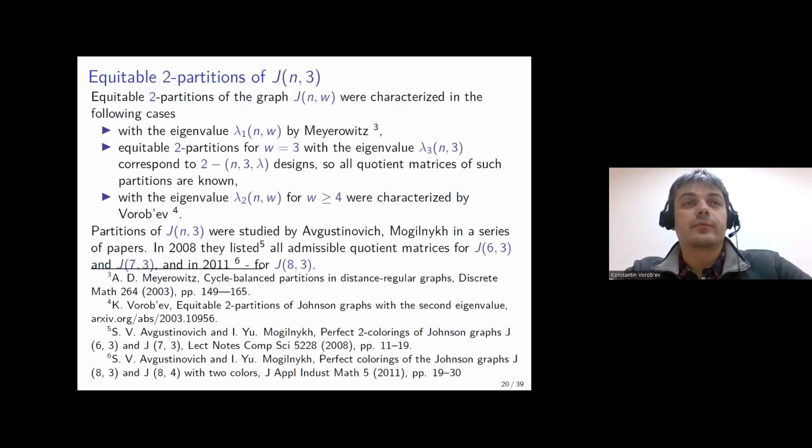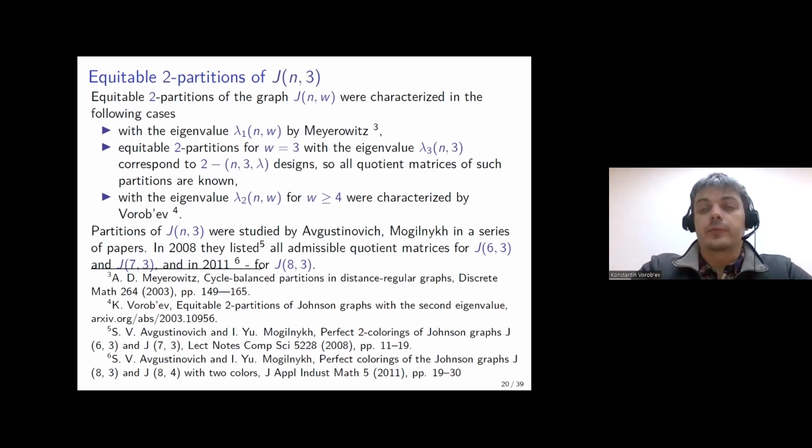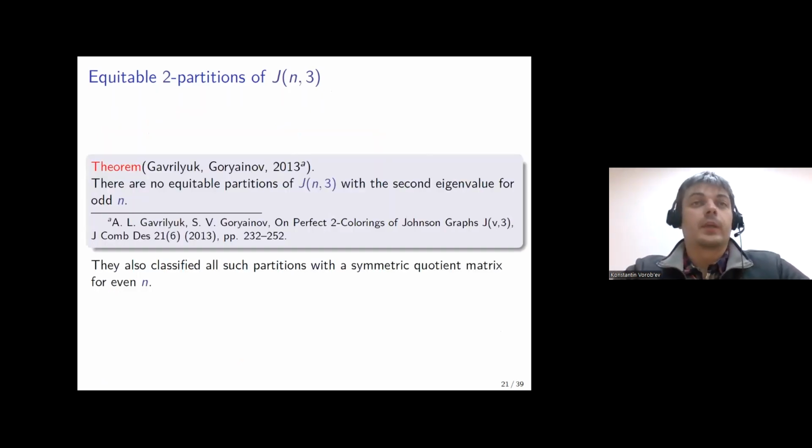So as we see from this information, for a Johnson graph J(n,3), the only remaining case is when the eigenvalue lambda 2 is the eigenvalue of the quotient matrix. And here you see the theorem by Gavrilyuk and Goryainov from 2013.